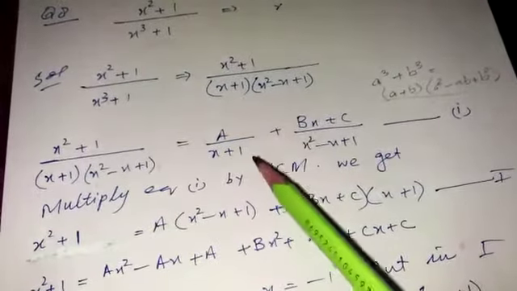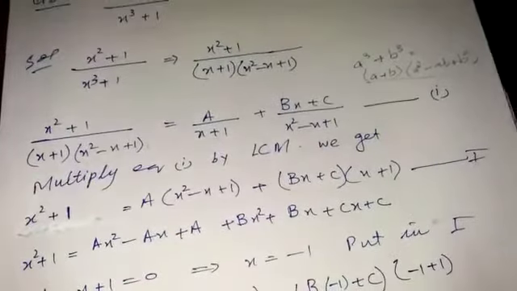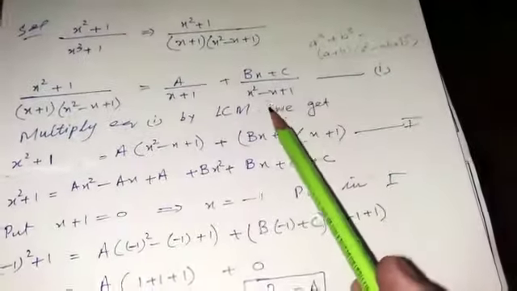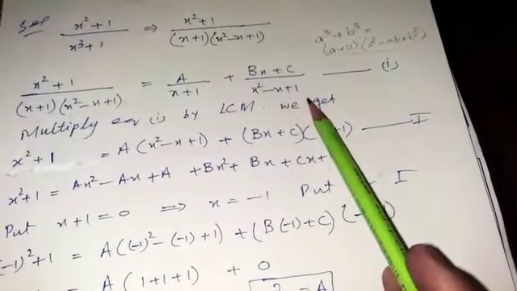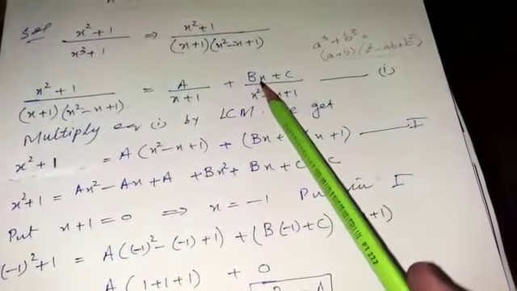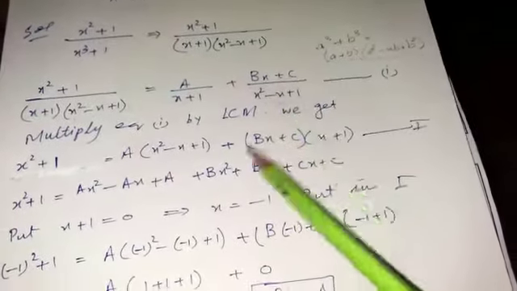So we will write its partial fractions as a over x plus 1 plus (bx plus c) over (x square minus x plus 1). Because this is quadratic, we will multiply a variable with this term, plus the next term will be added to this.